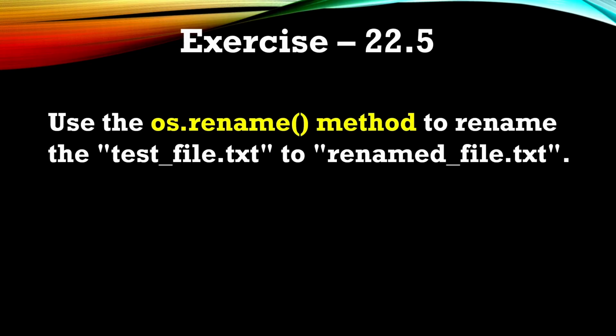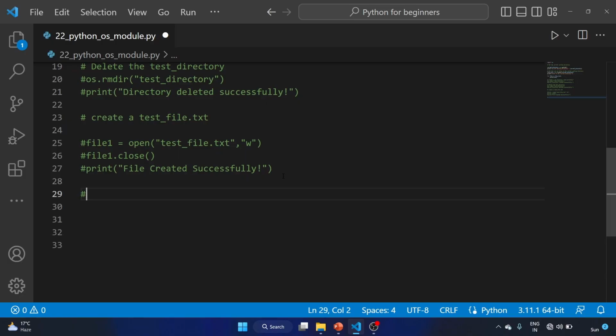22.5 is related to the rename method. Use the os.rename method to rename the test file to renamed file. Okay, let's see. So I have commented the test file creation code.